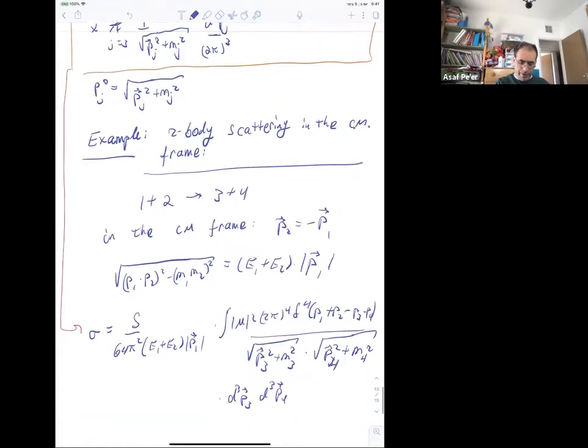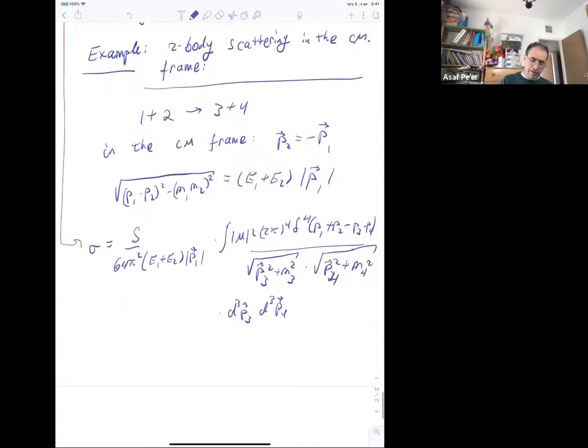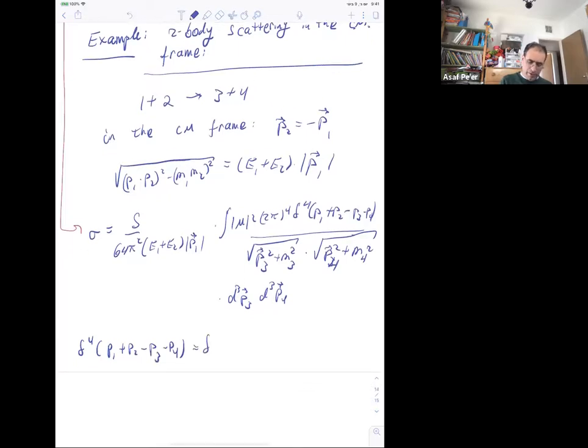And then we're repeating exactly the same thing as we did previously. We write down the delta function: delta^4 of P1 plus P2 minus P3 minus P4 is just delta of E1 plus E2 minus P3 0 minus P4 0, times delta cubed.